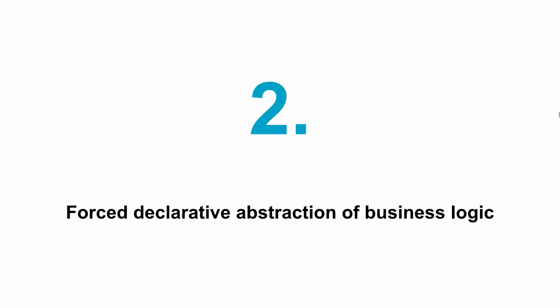Second, we force a declarative abstraction of business logic. As you saw when we defined the logic within Cerebral, we didn't manually describe how to do this. We just did it using existing Lego blocks.